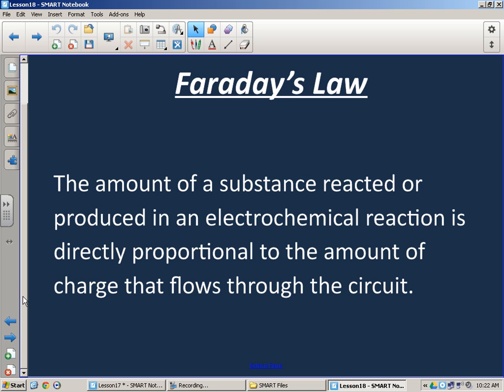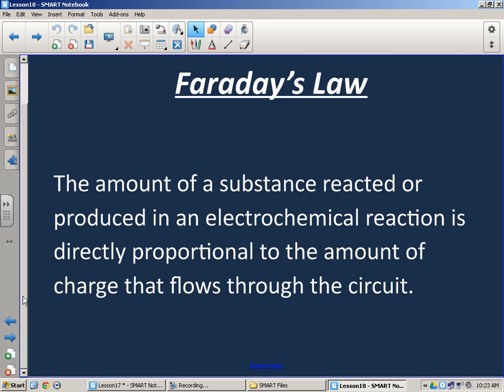So when we talk about amount of electrons and amount of reactants and products, we're really talking about nothing more than stoichiometry. But we're going to use the amount of electrons as part of this stoichiometry equation.